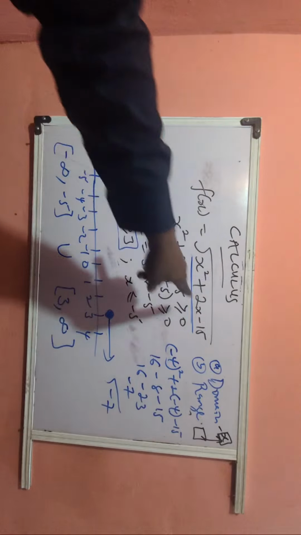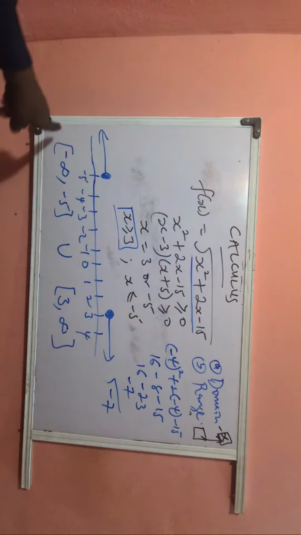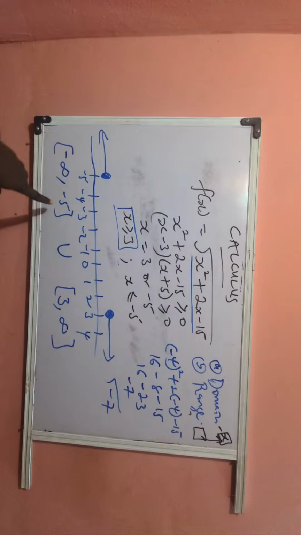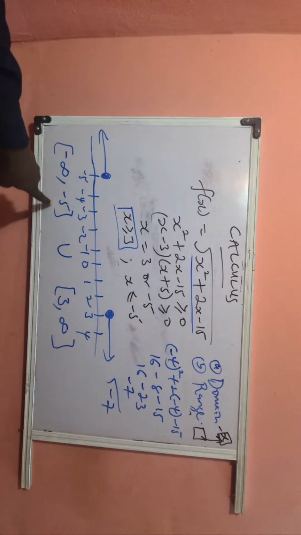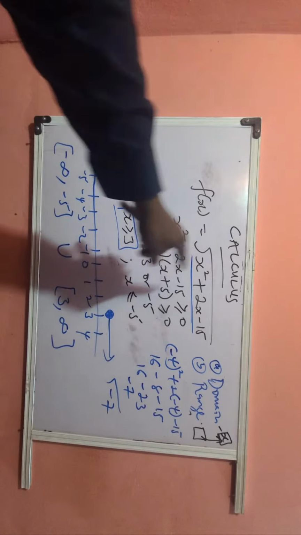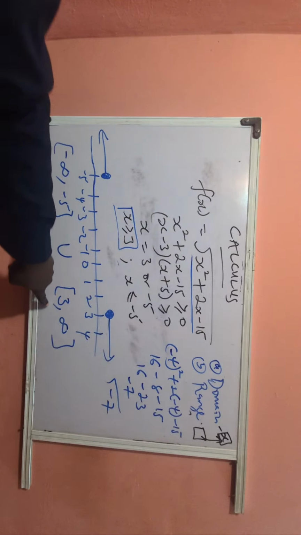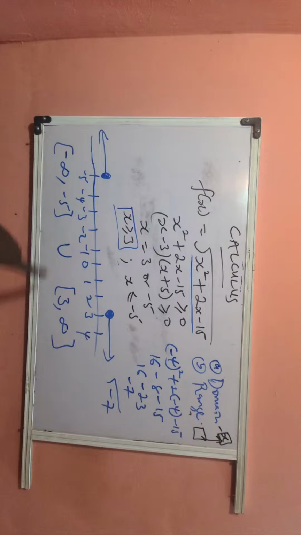If you're giving this in an examination, you have to conclude that this is your domain. That means your x values fall in this spot, and it's very much fine. It produces the right result, and it also falls in this spot also. So this and this work very fine. So that's how we get the domain for this particular question.